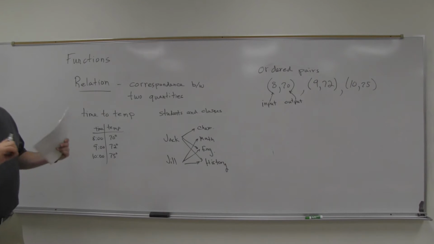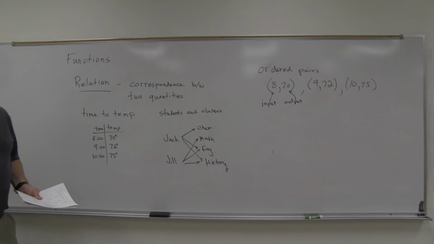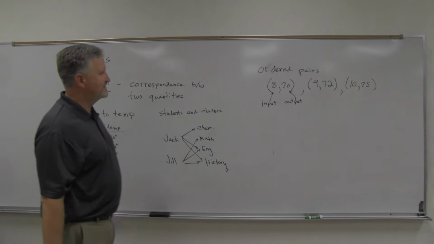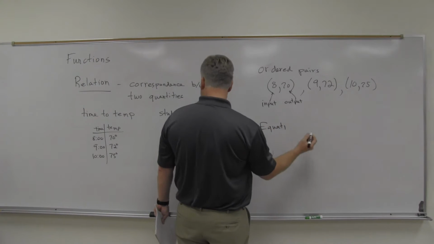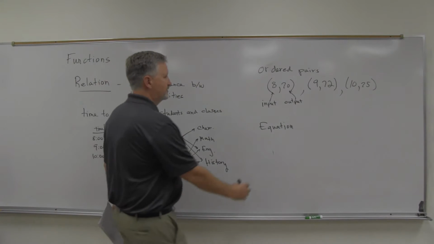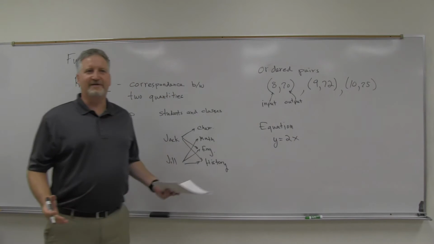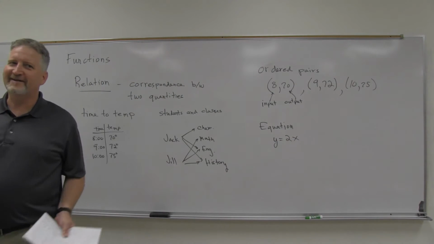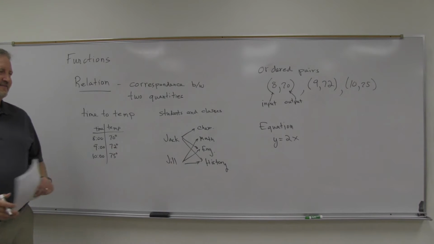Well, of course, the ultimate goal, I guess you might say, in establishing a relationship between numbers is to get an equation. And so that would be a fourth way, I guess, of writing a relationship. y equals 2x. Would that establish a relationship between two quantities? Yeah, the y is going to be twice the x, 2 times the x.